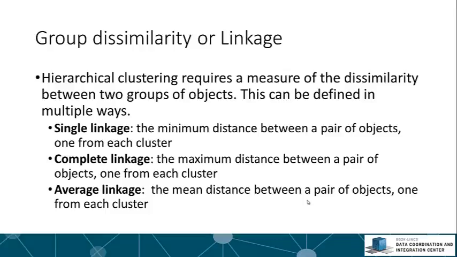So I'll just go into a little bit more detail about what I mean by the group dissimilarity or linkage. Now, at each level of the hierarchical clustering algorithm, we have objects collected into groups or clusters.